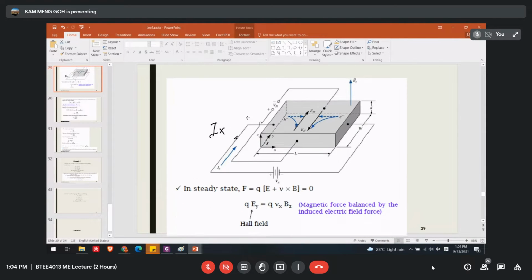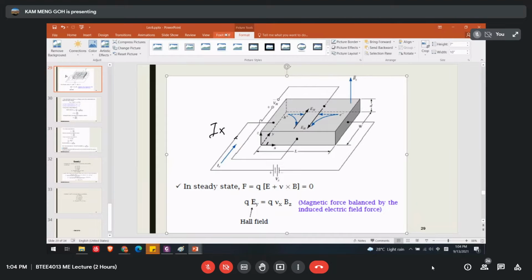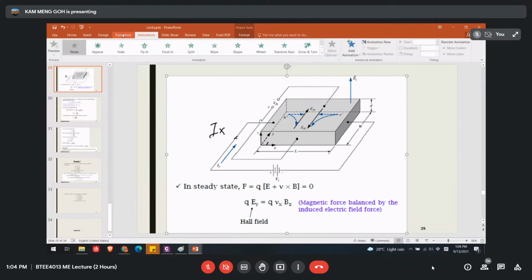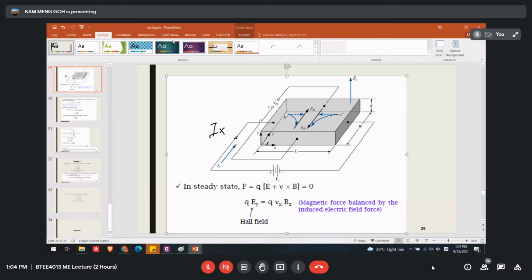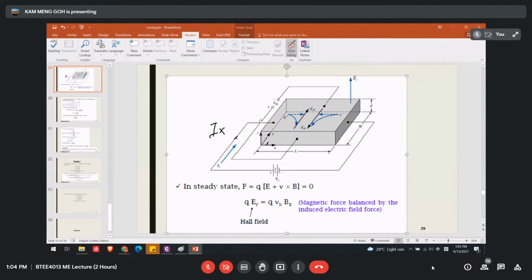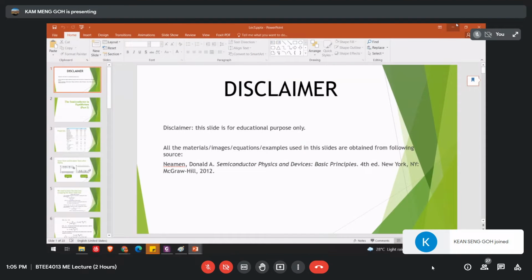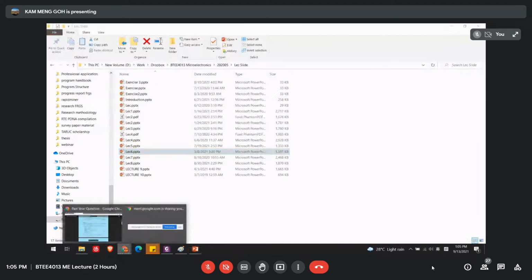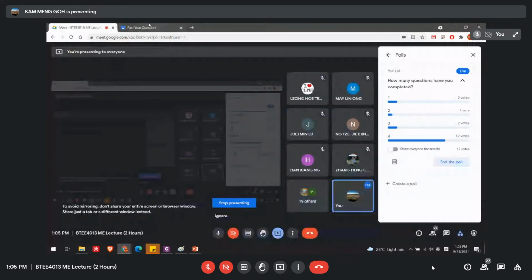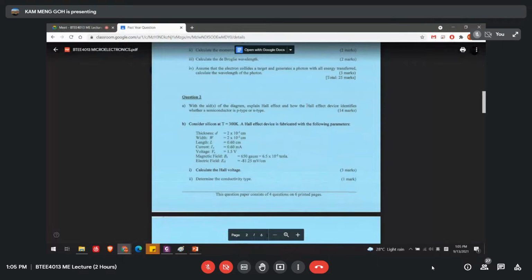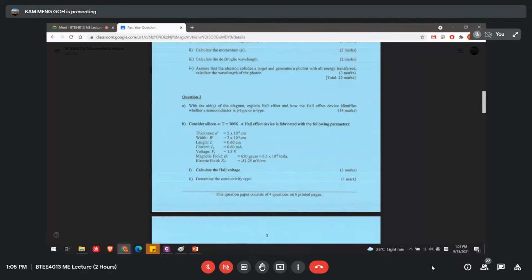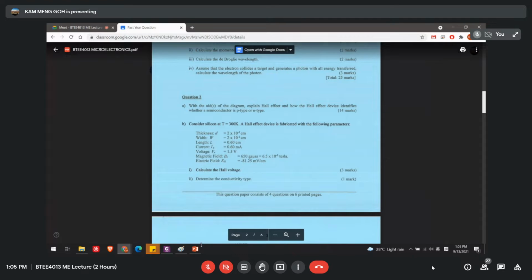Basically, to get full marks, all you need to do is draw everything correctly and label all these things. Each item carries 1 mark. If you label everything correctly, you should be able to get partial marks. And don't forget, there is also the second part: how the Hall effect device identifies whether the semiconductor is a p-type or n-type.